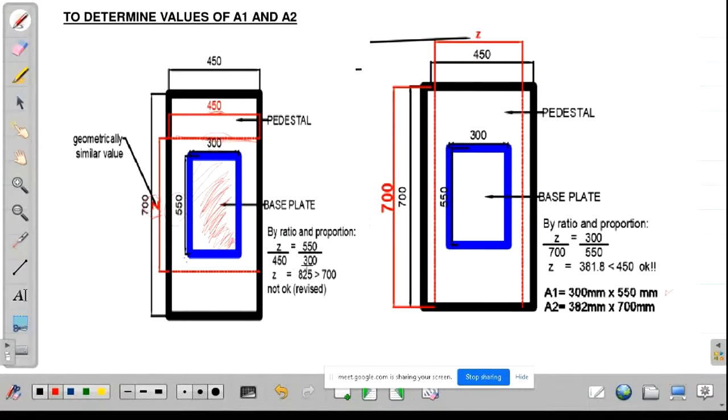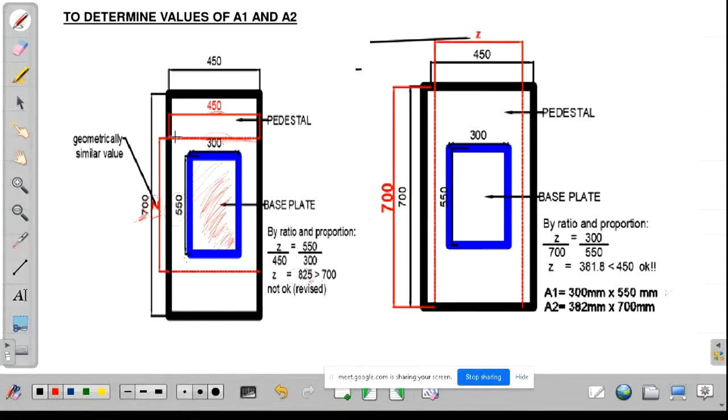So, pag tinitingnan natin yung dimension ng pedestal natin, ang dimension lang natin is hanggang 700. Okay? So, yung Z na nakuha natin, which is 825, is not possible because it is greater than 700, which is our maximum dimension for pedestal. So, hindi pwede na yung area 2 mo is 450 by 825. Mali yun.